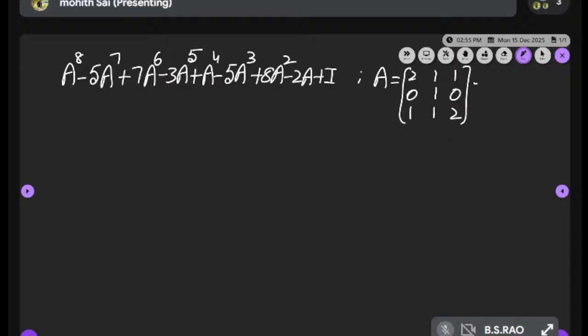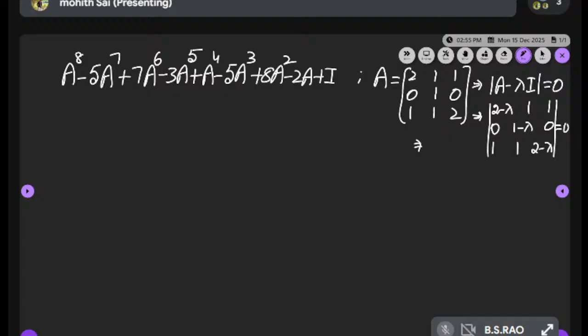If A equals this, by the characteristic equation. What is the characteristic equation? Determinant of (2 minus lambda, 1, 1; 0, 1 minus lambda, 0; 1, 1, 2 minus lambda). You have to equate it to 0.